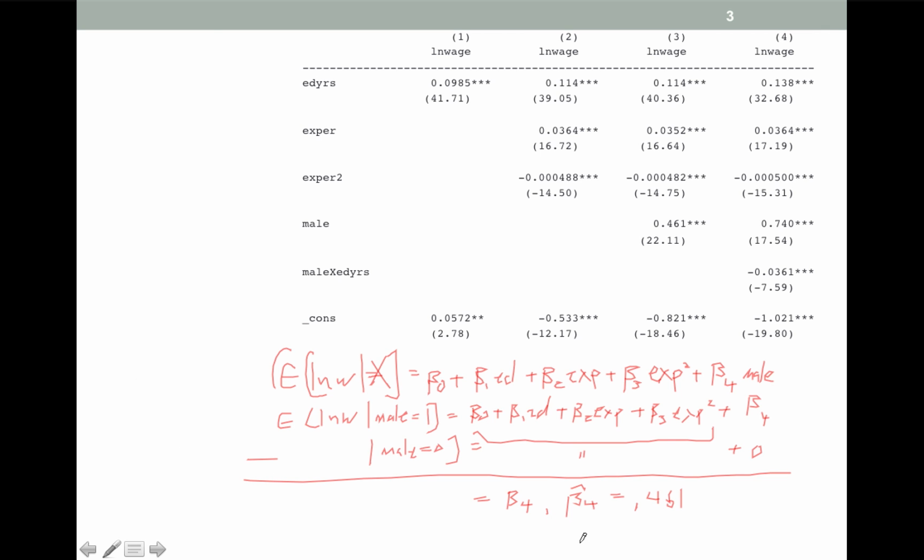What we actually need to do is exponentiate beta 4 hat, and the number we get when we do that is 1.59, and that's actually the multiplicative effect that we expect to see for males. That is, the expected premium in wages for men with the same education and the same experience over women is actually about 59%.